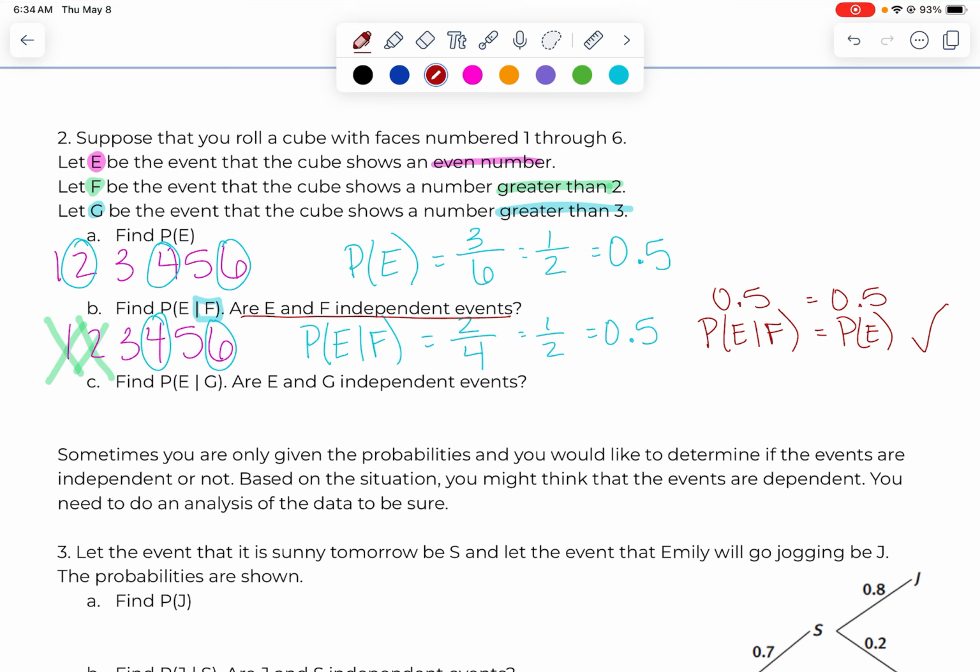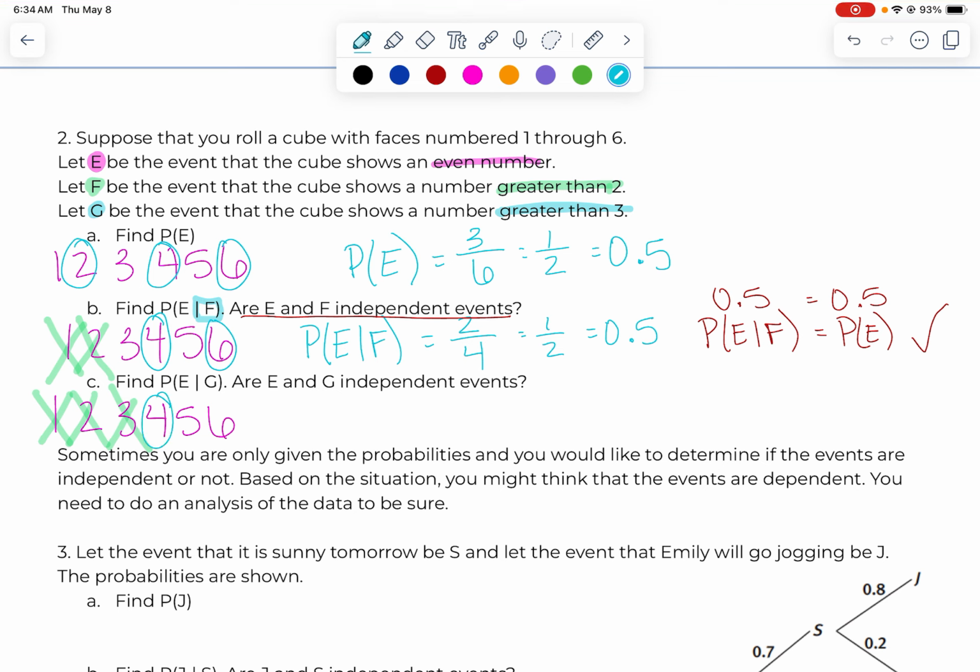Alright, now that you're done with letter C, we are going to write out our sample space. 1, 2, 3, 4, 5, 6. We want the probability of E given G. So G says greater than 3. So I'm going to eliminate 1 through 3 because those are not part of G. Then we want to know how many are even.